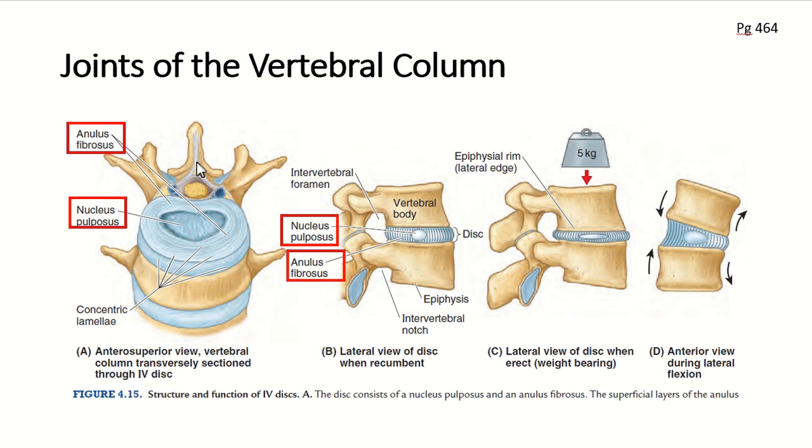What's an interesting thing is that the nucleus pulposus is actually avascular. It receives its nourishment by diffusion from blood vessels at the periphery of the annulus fibrosus as well as the vertebral body, but in and of itself does not have any nourishment directly to it. So you can see how, if you had degenerative disc damage, if it's avascular it's a lot harder to repair.